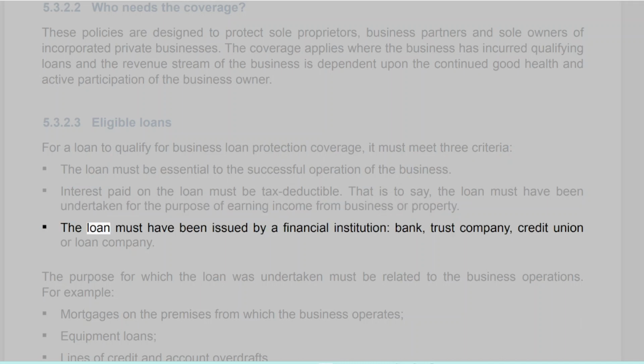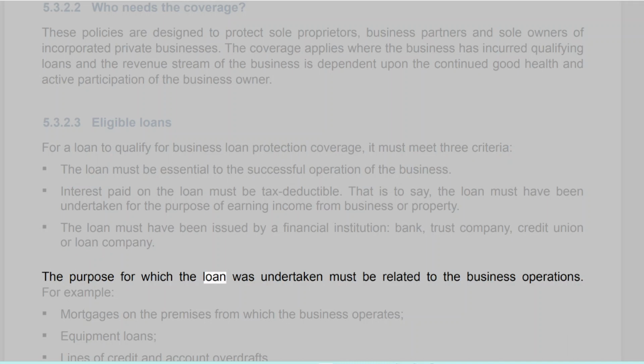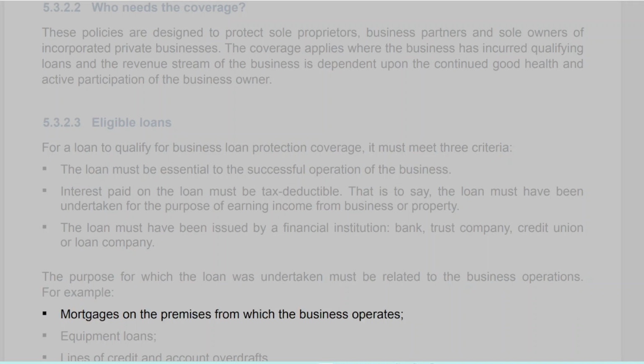The loan must have been issued by a financial institution: bank, trust company, credit union, or loan company. The purpose for which the loan was undertaken must be related to the business operations. For example: mortgages on the premises from which the business operates, equipment loans, lines of credit and account overdrafts.